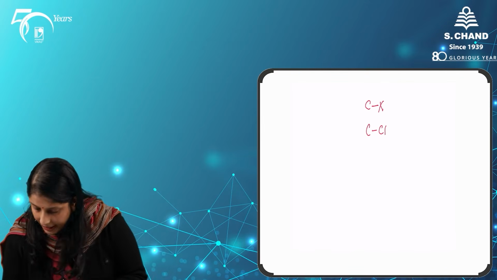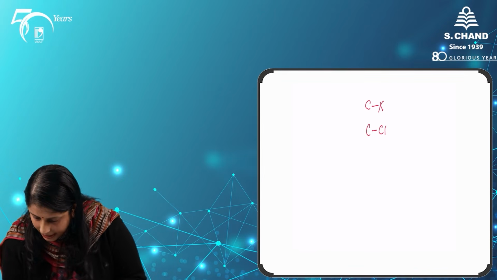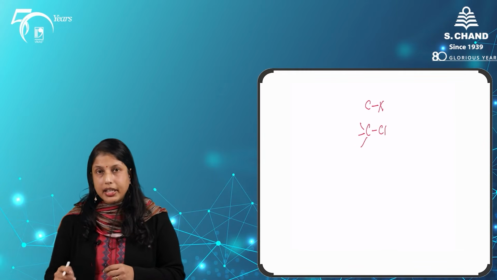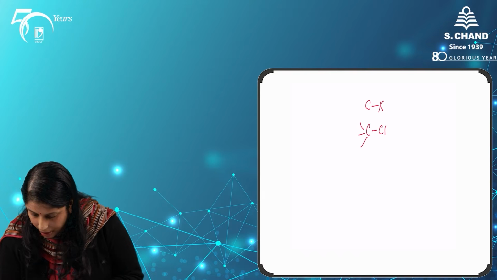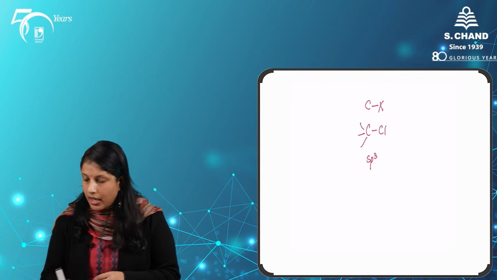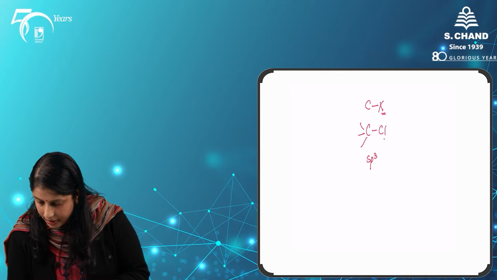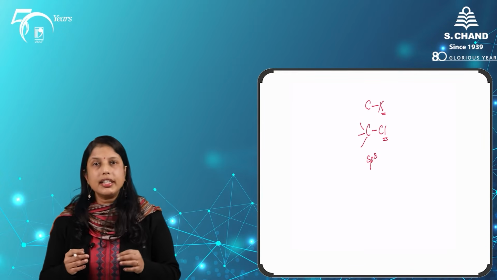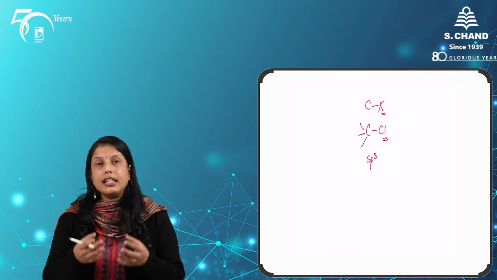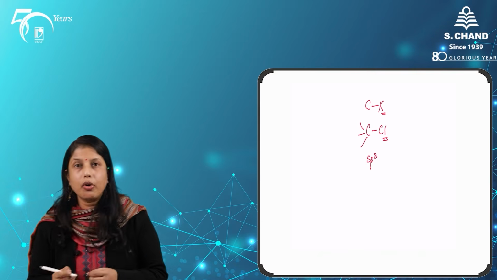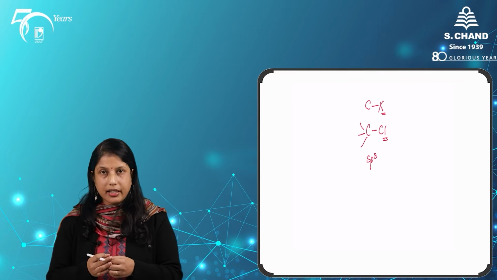First of all, in our simple alkyl halides, the halogen atom is bonded to a carbon which is sp3 hybridized. The halogen atoms, if you notice, are electronegative. What does this mean? It means that it draws the electrons in this carbon halogen bond more towards itself.